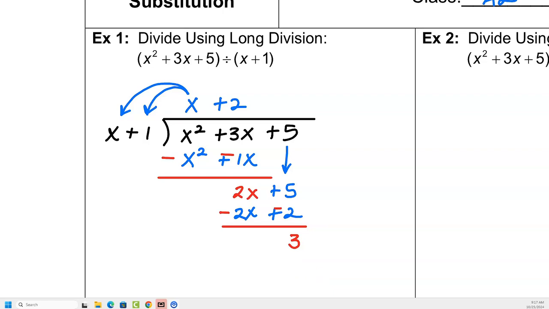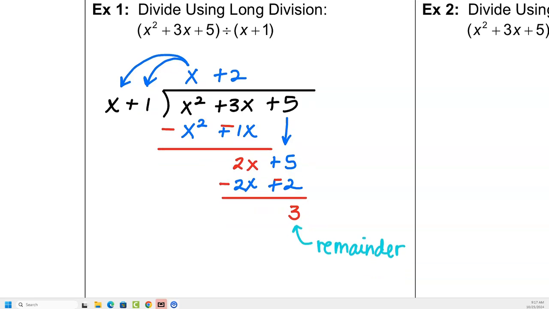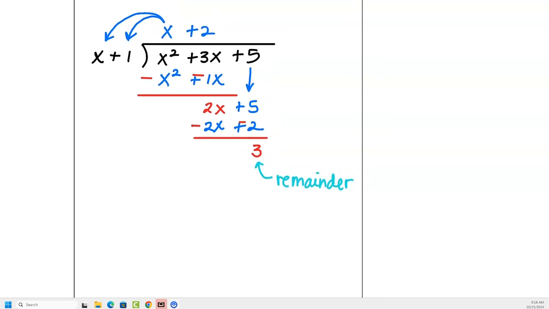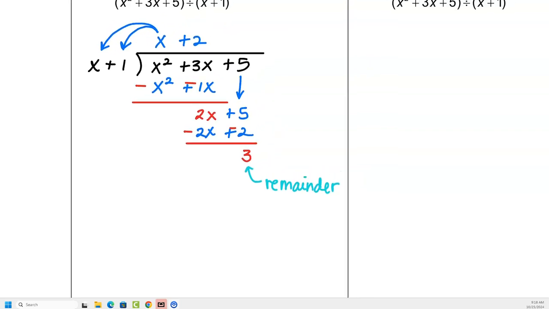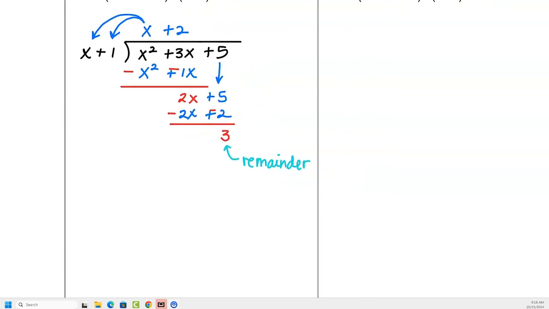Let me do a different color ink here. Then here at the bottom, I'm going to write the answer. I'm just going to write it at the very bottom.